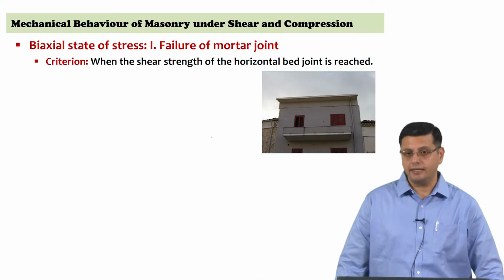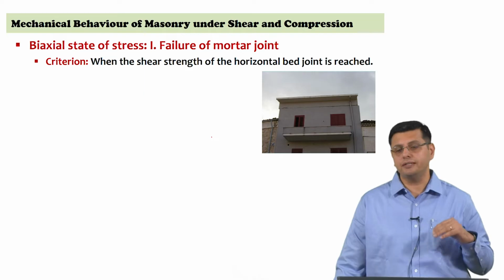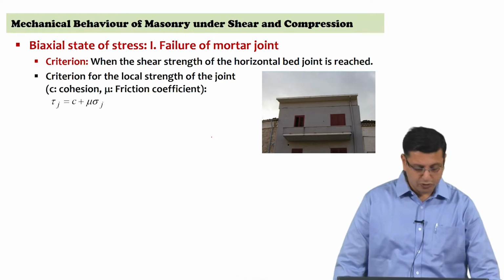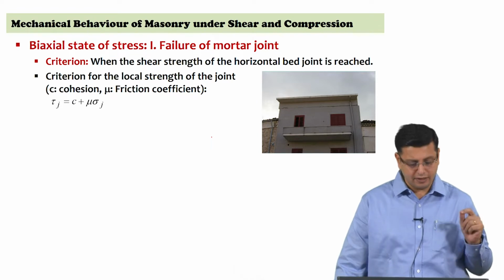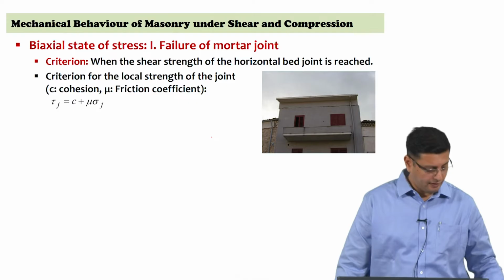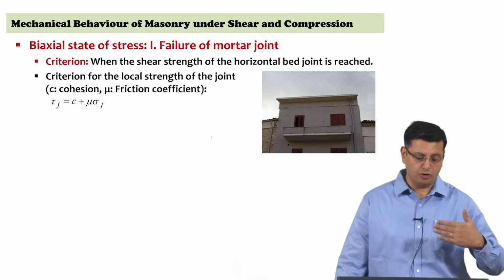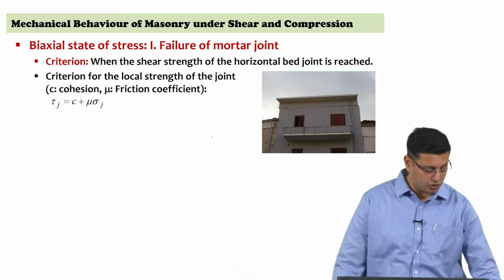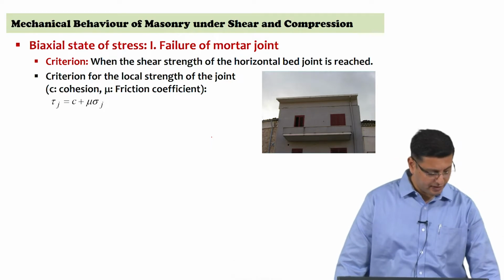And this criterion is arrived when the shear strength of the horizontal bed joint is reached, and therefore using the Mohr-Coulomb criterion, where the shear strength of the joint is represented as the combination of bond contribution, which is cohesion in the joint, and the friction coefficient, which is affected by the precompression level itself.